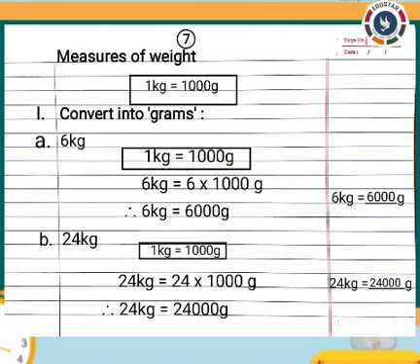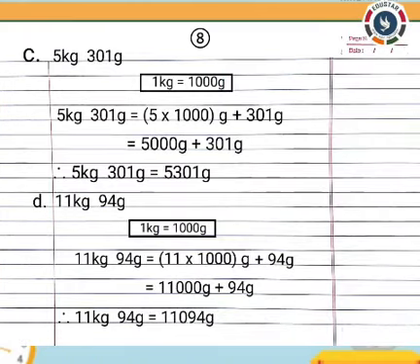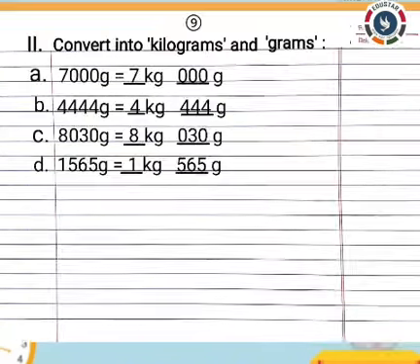This A and B based on kilogram to gram conversion. Next C and D based on kilogram and gram to gram conversion. Next Roman letter 2, convert into kilograms and grams. Here totally 4 sums are given. These are gram to kilogram and gram conversion.